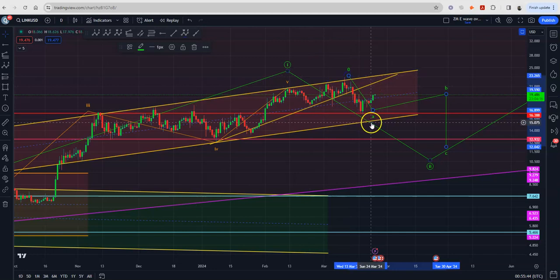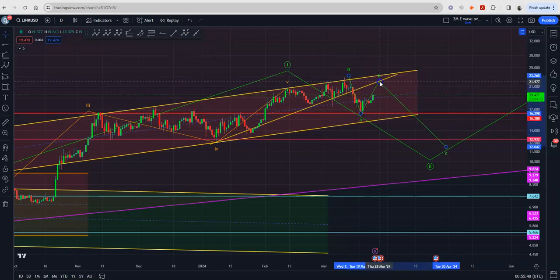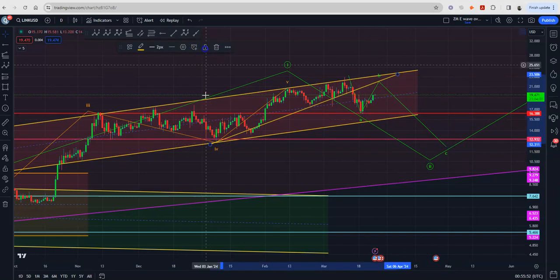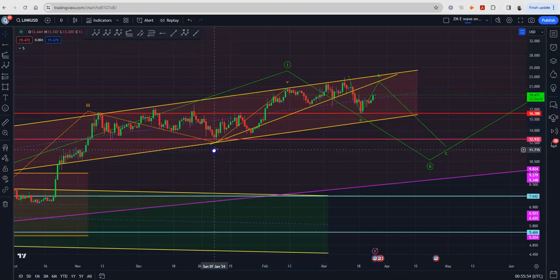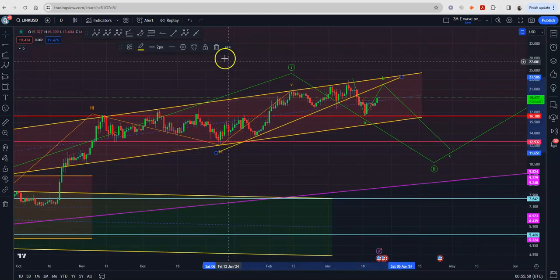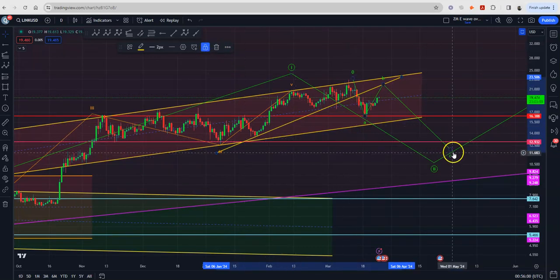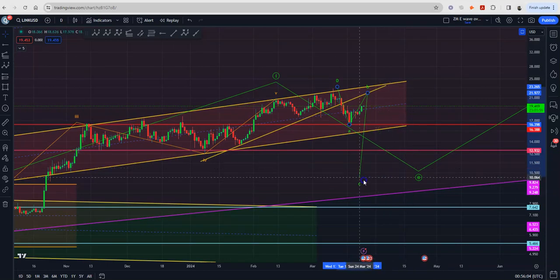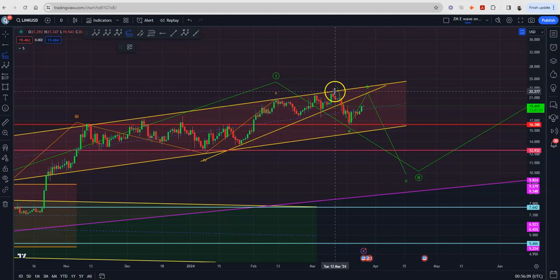We just saw the breakdown. We might put the B wave up to back test the wedge. Let me just make this a little bit more precise for you guys there. And from there, we expect the C wave down to be the bottom of wave 2.